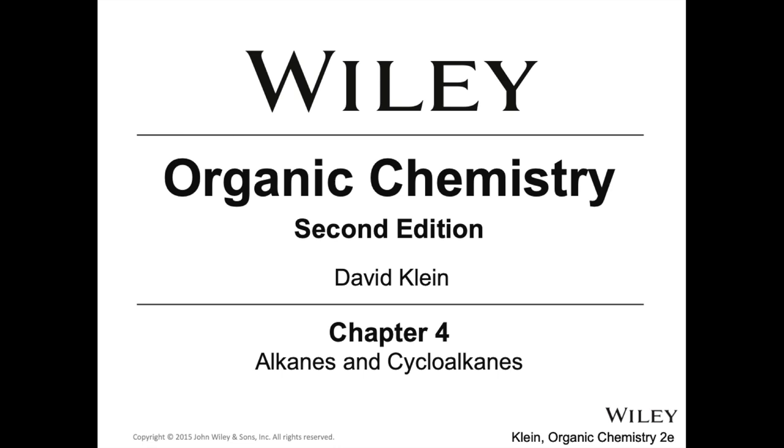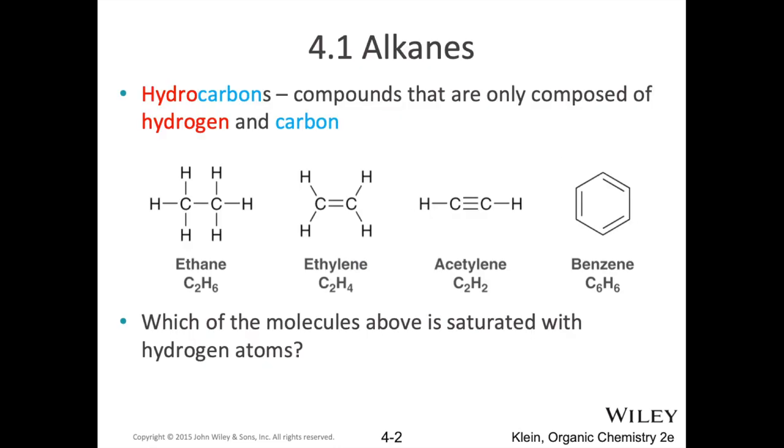Alkanes are a class of hydrocarbons that really have no functional groups at all. They're just carbons and hydrogens connected by single bonds. Now, I've used that word hydrocarbon multiple times. As the name suggests, it's something that contains hydrogen and carbon, and pretty much only that. So they're very, very simple compounds.